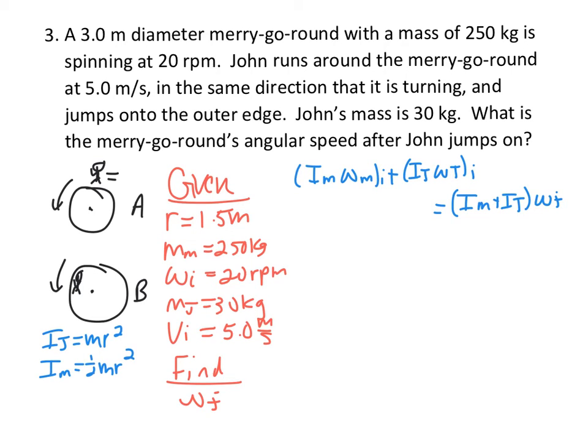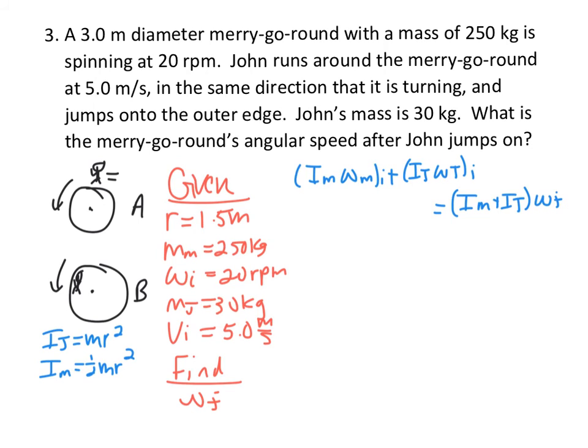Because he is running around the edge of the merry-go-round with a linear speed, he's still running in a circle, so he does initially have an angular velocity. And because of that, we can't cancel anything out. But we'll see once we put the formula for moment of inertia in that things do go away.